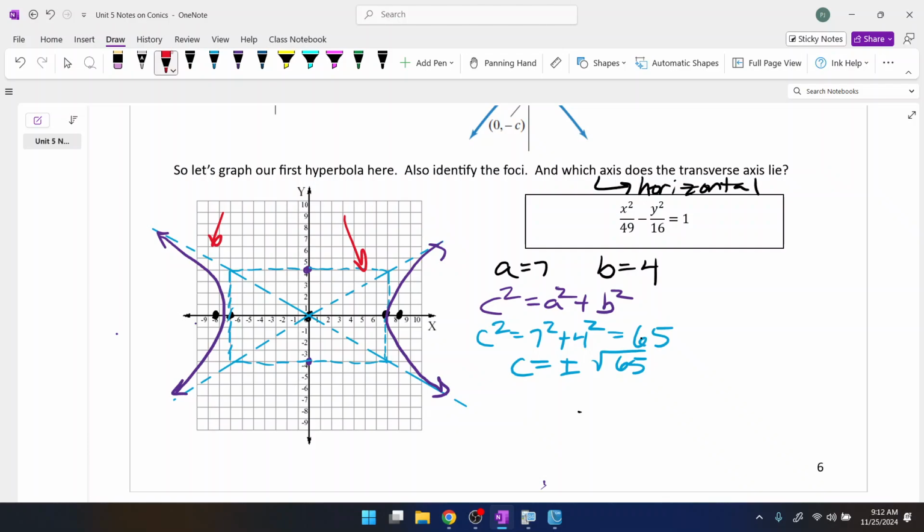And the asymptotes are going to be very simple: +4/7, -4/7. So y will literally be plus or minus 4/7 x. Now, it's not going to be as simple when we have the hyperbola that is not centered at the origin here.